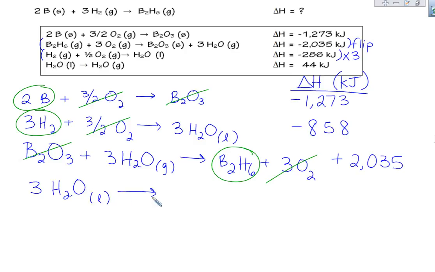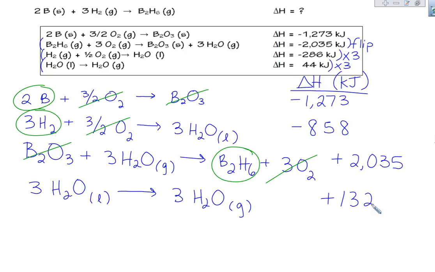And then on the product side, I want to get rid of these 3 water vapors. So I need to take this third step and just multiply her by 3. So I'm going to go 44 times 3. We can leave it positive or endothermic for 132.